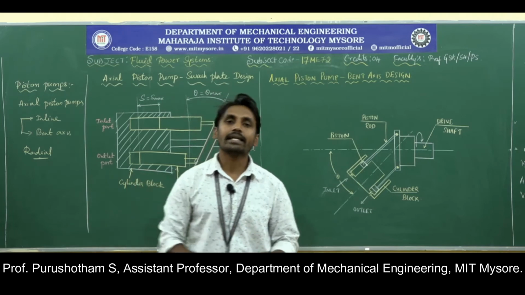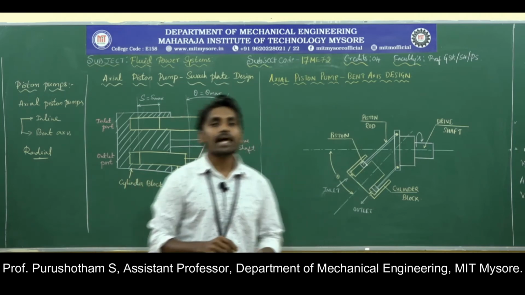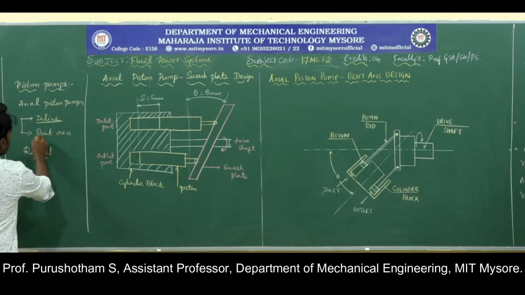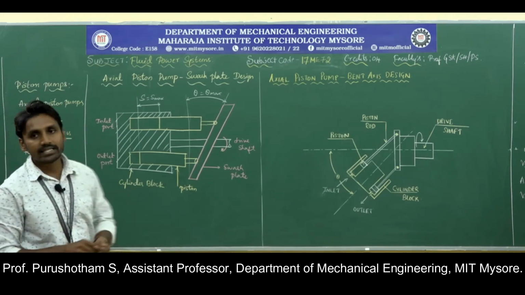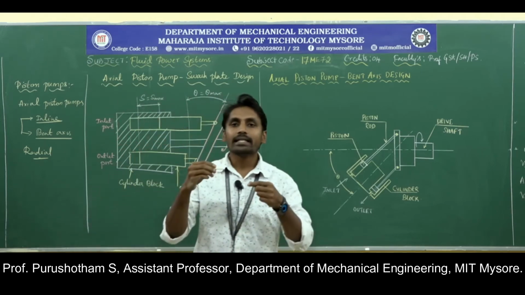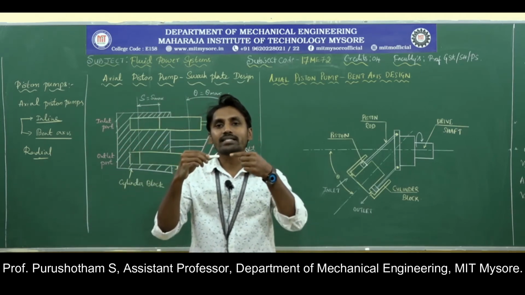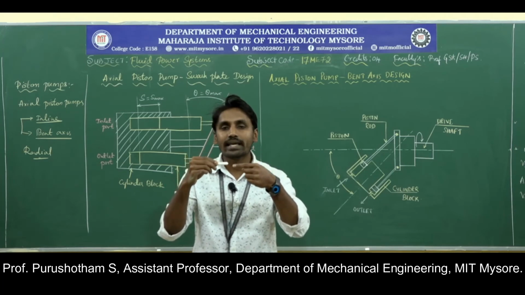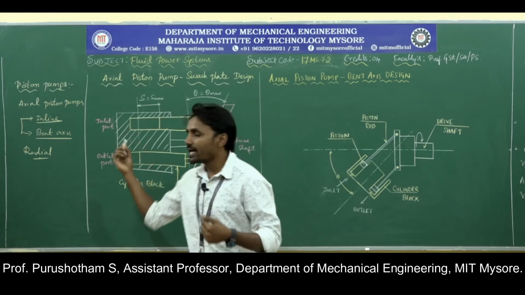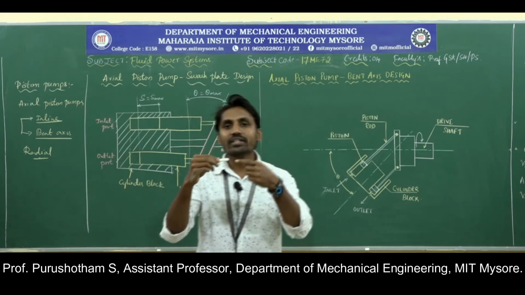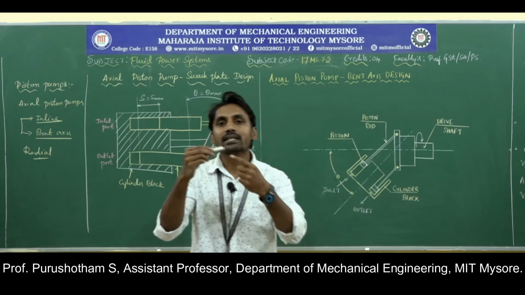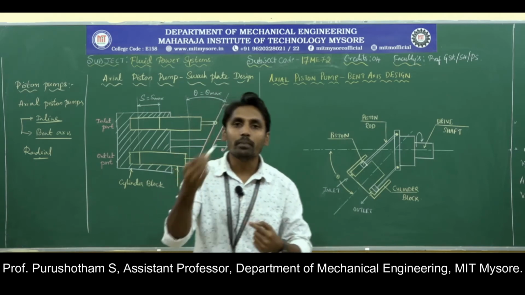In axial, we have two types: inline axial piston pumps and bent axis axial piston pumps. Inline axial piston pumps are where the axis of the driving shaft and the cylinder block axis are in the same line, so both are parallel to each other, while in bent axis the axis of the driving shaft and the axis of the cylinder block are at some angle.